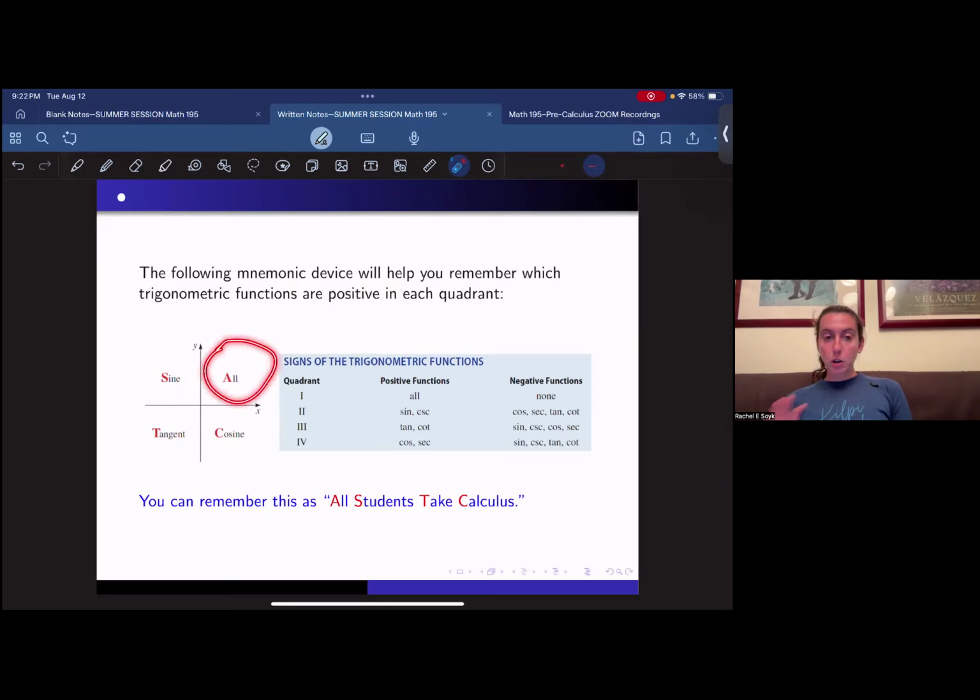Our first quadrant, all trig functions are positive. Our second, only sine related trig functions are positive, so sine and cosecant. In our third, only tangent related are positive, so tangent and cotangent. And finally, in our fourth, only cosine related functions are positive, so cosine and secant.